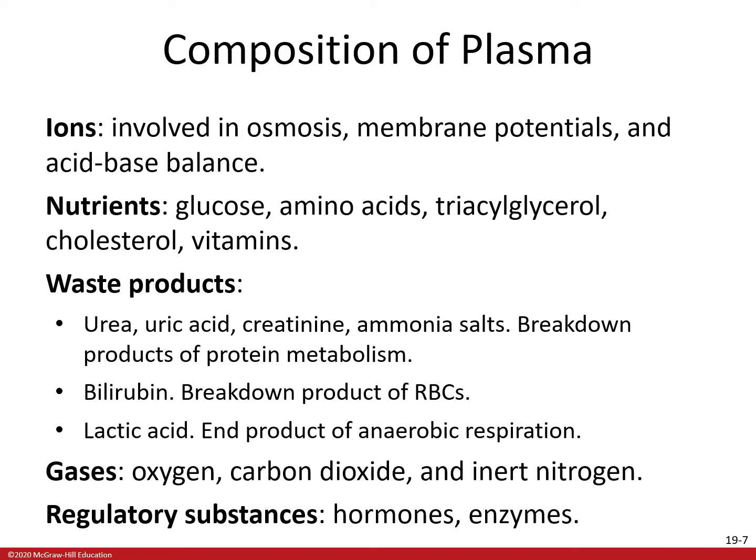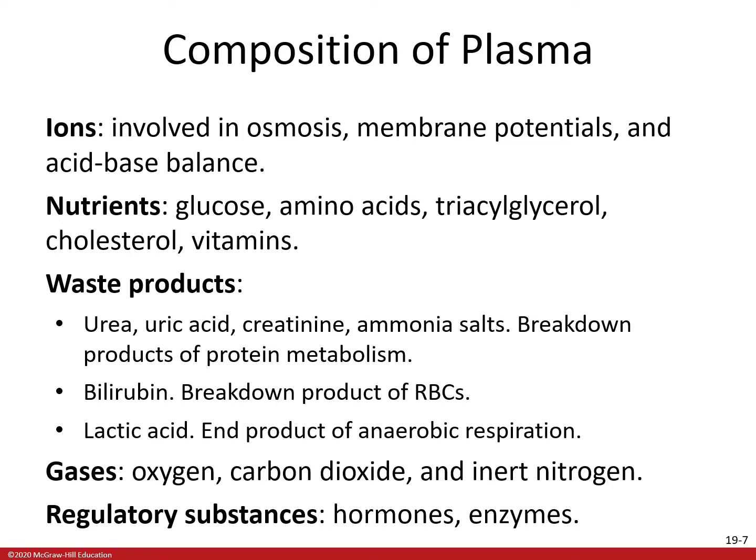The main ones I want you to know: glucose, amino acids, and vitamins. Our waste products are going to include urea, uric acid, creatinine, ammonia salts, and just kind of keep in mind that all of those are going to be basically the breakdown products of protein metabolism, so kind of just basic cell waste, if you will.